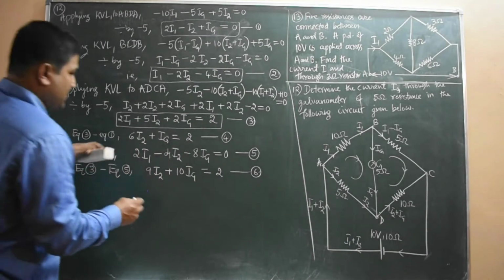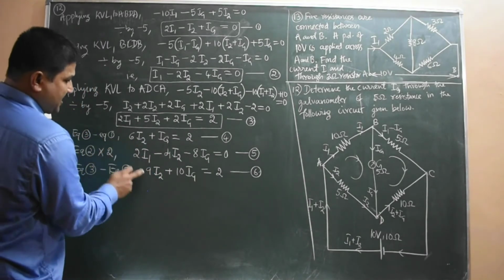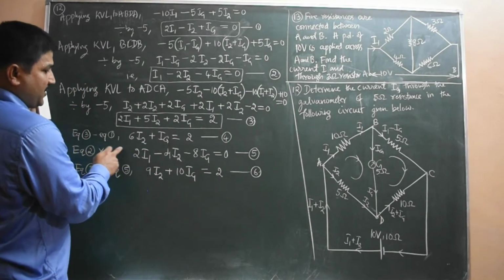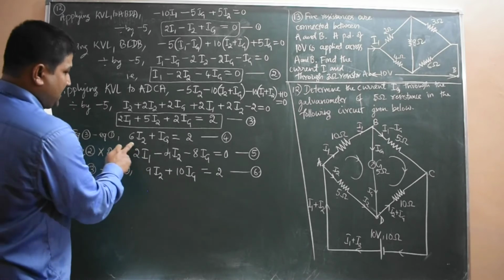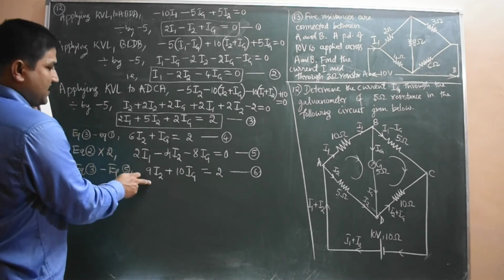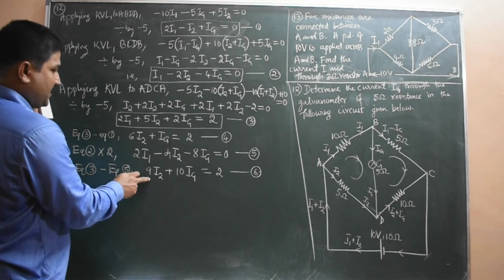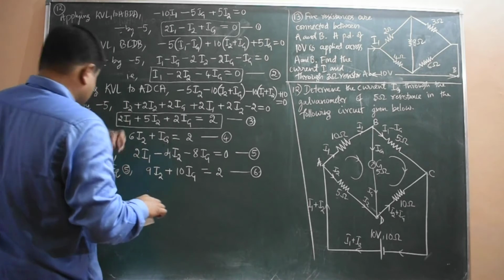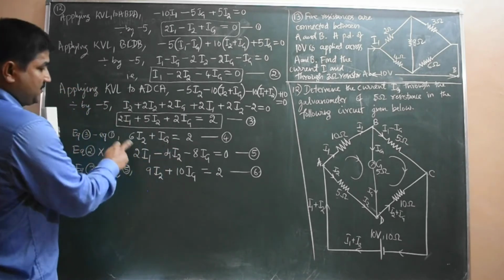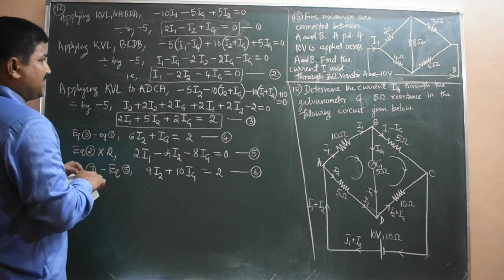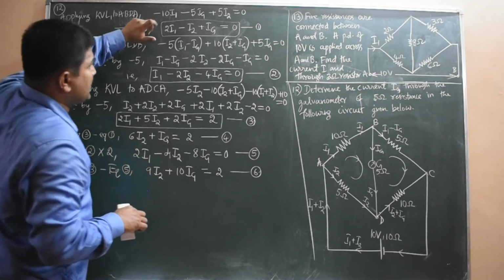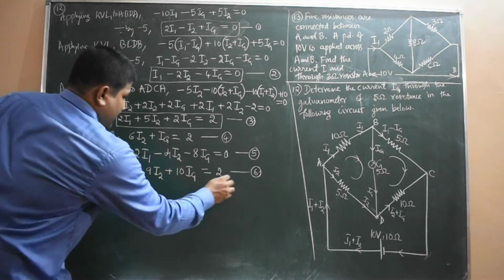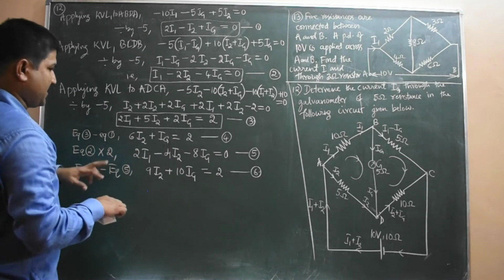Now here 6I2 is there, here 9I2 is there. We have to eliminate I2 again. For that, you have to make the coefficients the same by dividing or multiplying.